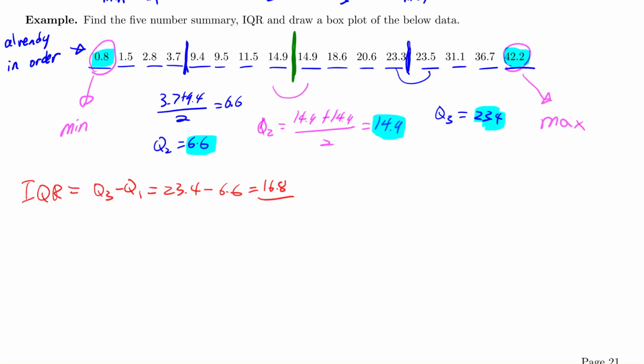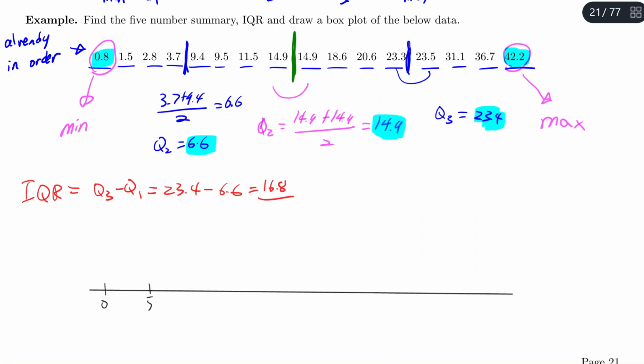So when we draw a box plot, the first thing is we must draw a number line. Okay, like this. And then I'm going to mark. Let's start at 0. And let me increase 5 at a time.